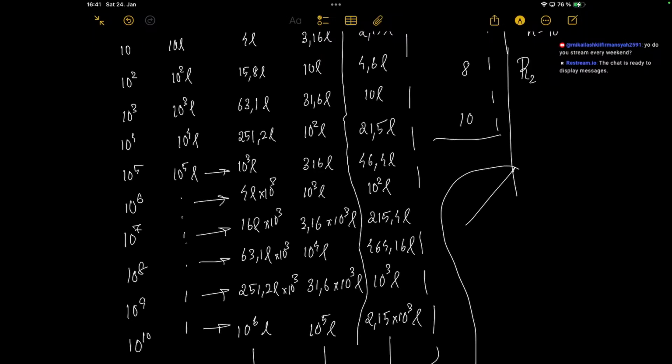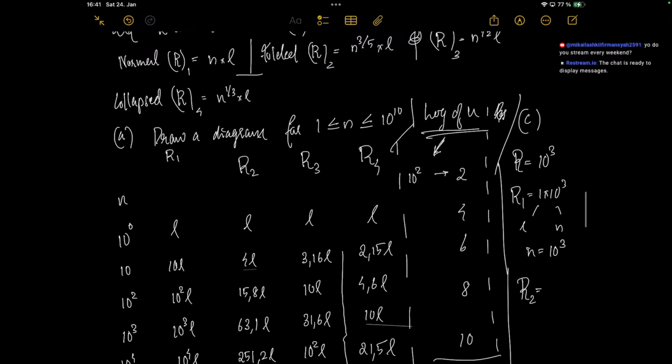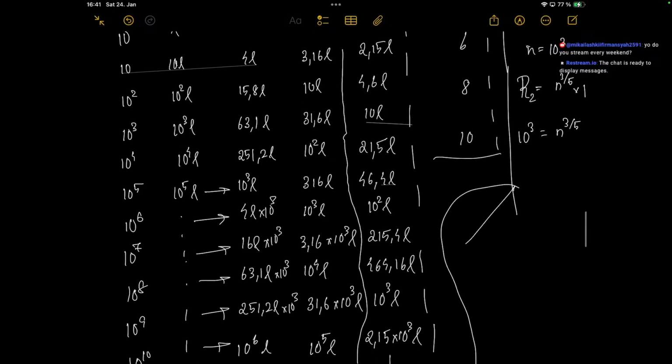Now for R2, what is the equation? N raised to 3 by 5. So 10 raised to 3 equals n raised to 3 by 5. How do I do this math? I forgot.